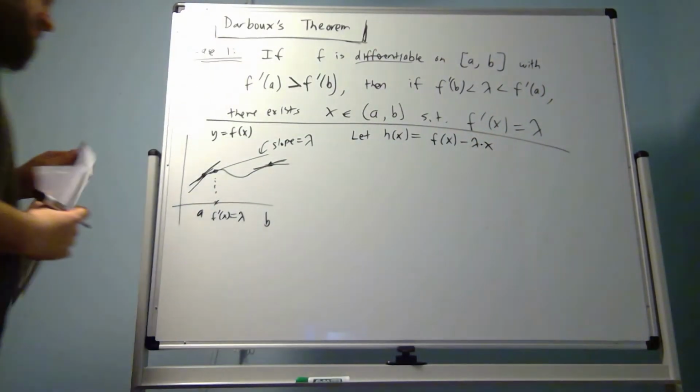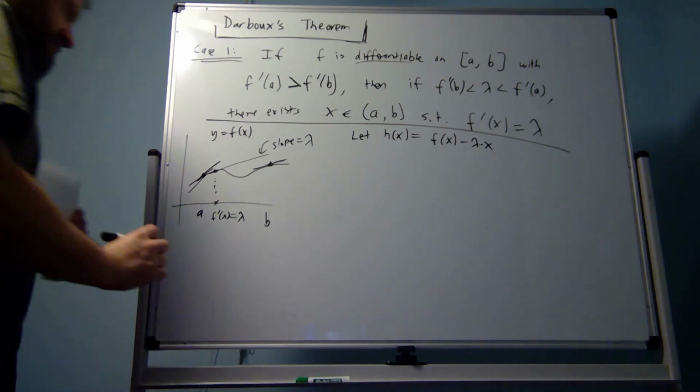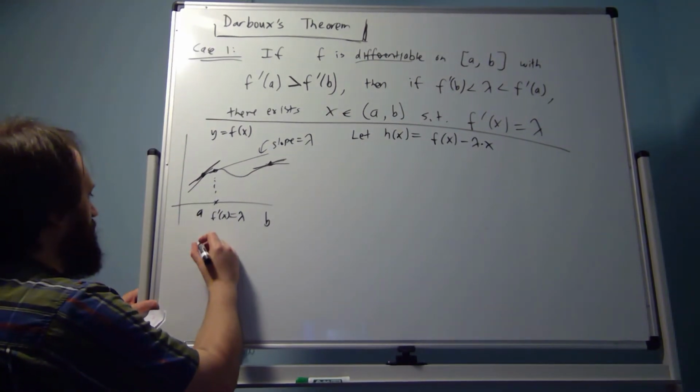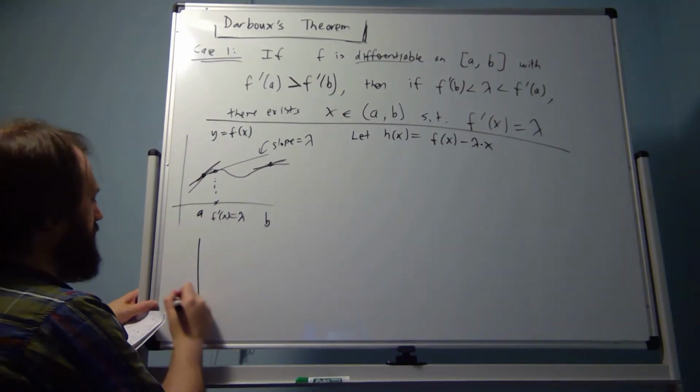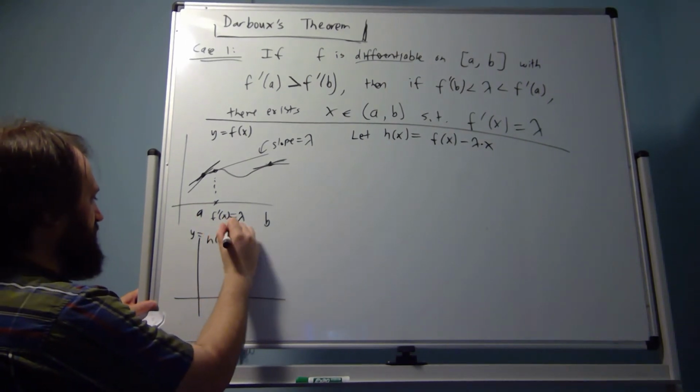This is very similar to if you know how you use Rolle's theorem. It's a special case of the mean value theorem, and you subtract a constant times x to transform the problem into one where suddenly everything looks more obvious. So what happens here is, I'm going to call this y is equal to h of x.